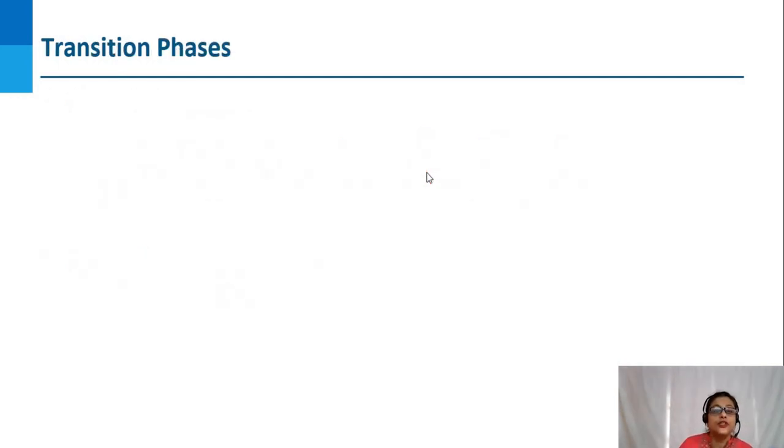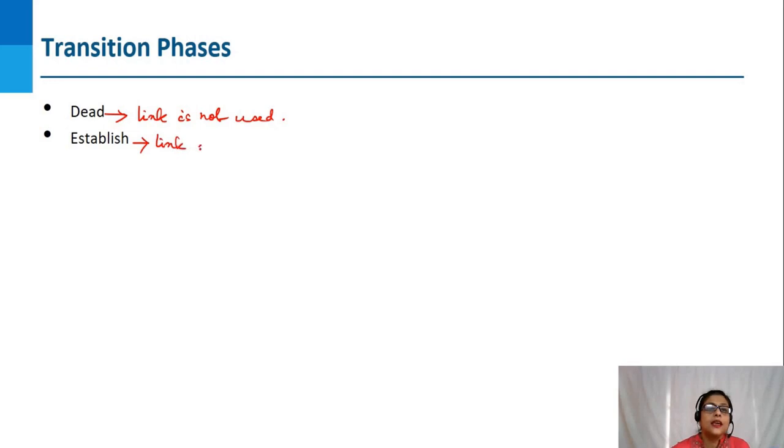There are various transition phases of PPP. The first phase is the dead phase. Dead phase basically means the link is not being used. Next phase is the established phase, where the link is established by any one station.